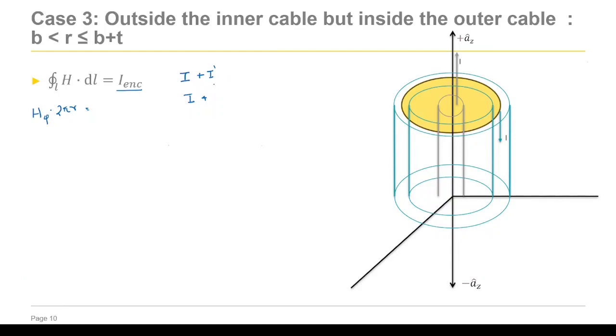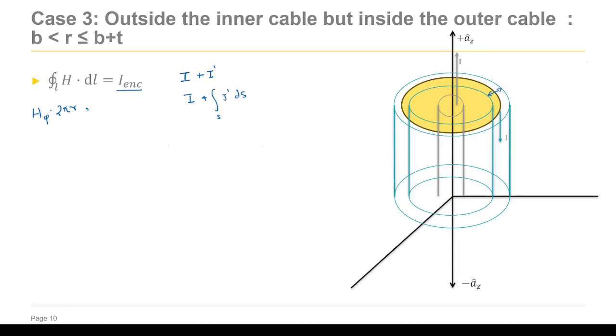Now the part of the outer conductor current may be computed as the surface integral of current density through the outer conductor. So for that we need to compute the area of the outer cable.